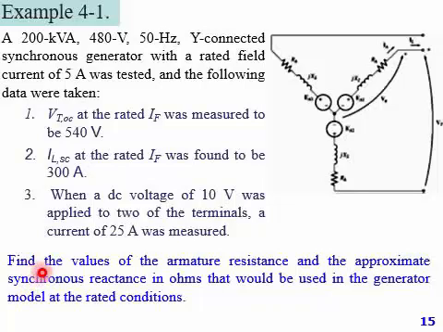Now we have to find the values of the armature resistance and the approximate synchronous reactance in ohms that would be used in the generator model at the rated conditions.